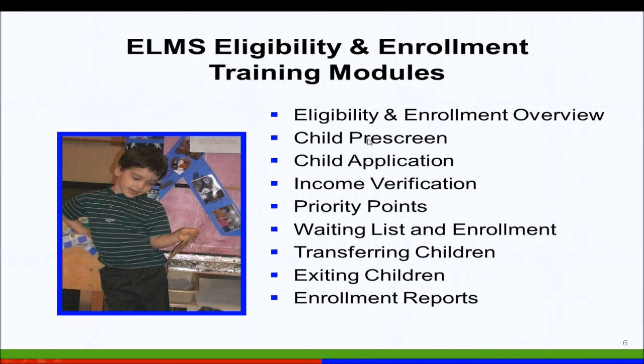The additional modules take you into more detail and show you how these things work in ELMS. So today you saw the child application module, the third one. You can learn more detail about income verification on the fourth one, more detail about priority points on the fifth one. But if you're ready to look at your waiting list and enroll a child, you're going to want to go to the module on the waiting list and enrollment.